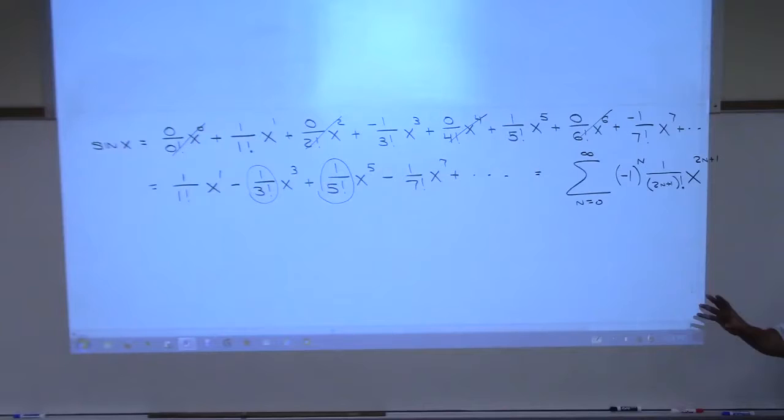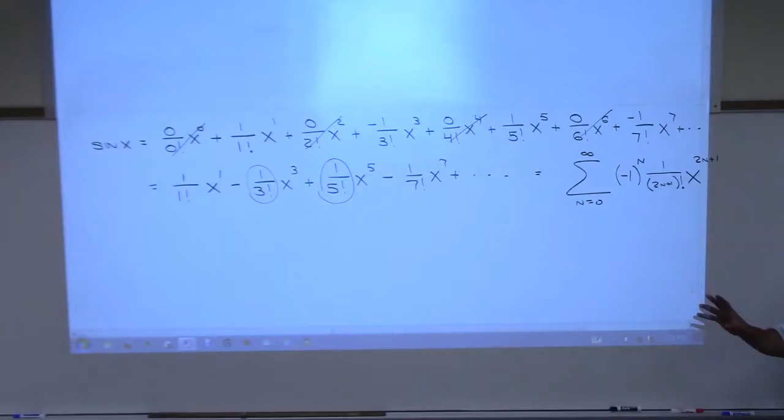So c sub 4 is the 4th derivative at a divided by 2 times 3 times 4. And is that enough for you to believe in the pattern? Okay.